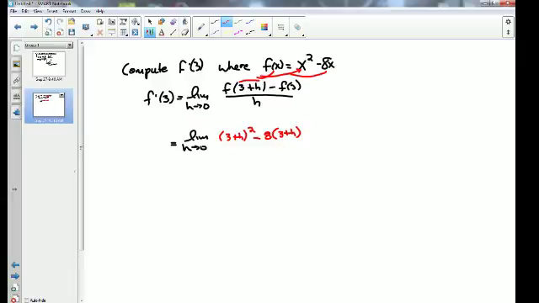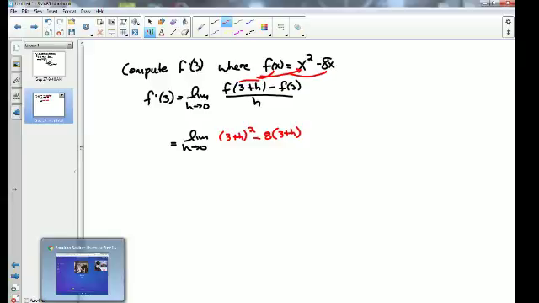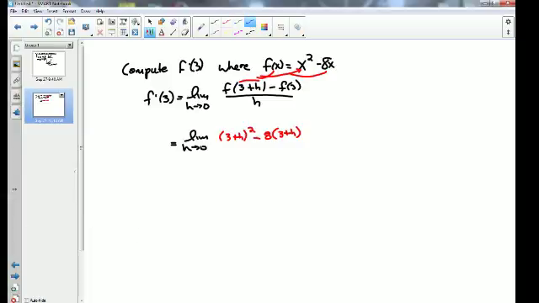You're just evaluating a function. And then f of 3. What's f of 3? 9 minus 24, which is negative 15.